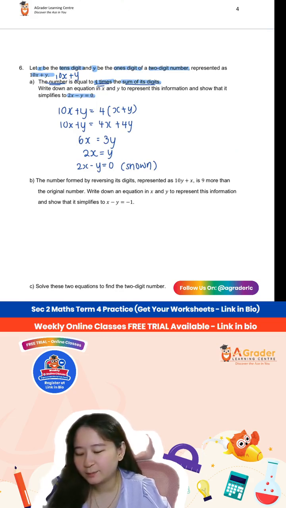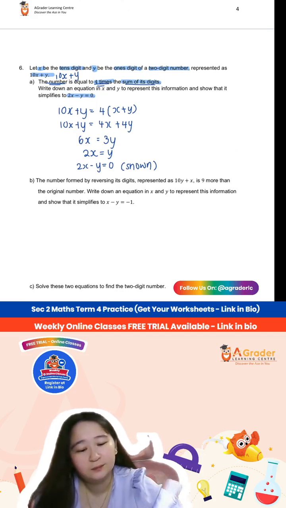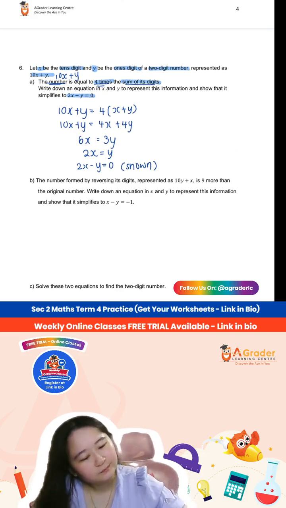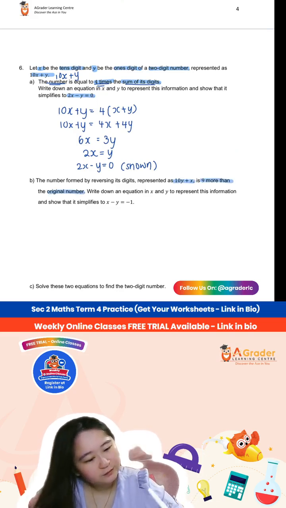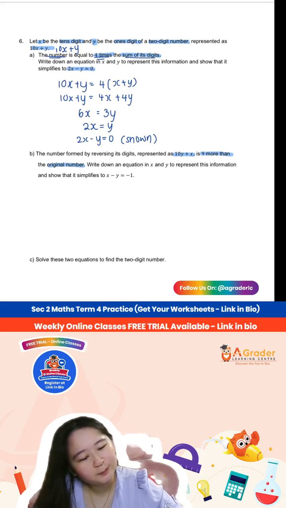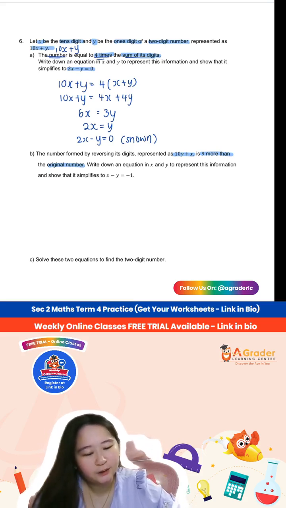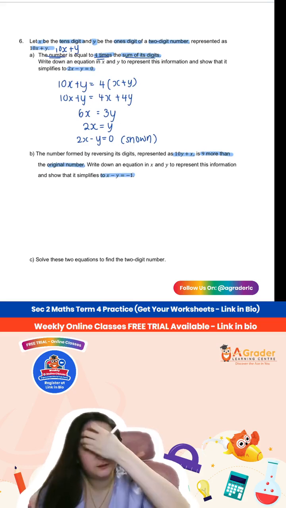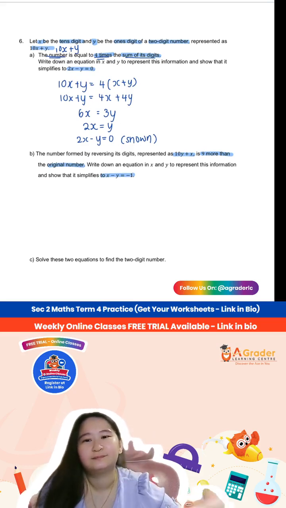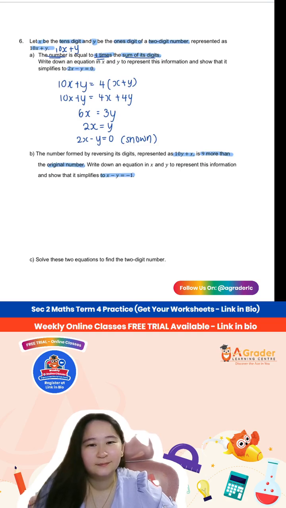Okay, part B, the number formed by reversing its digits, represented as 10y plus x, is 9 more than the original number. Write down an equation in x and y to represent this information and show that it simplifies to x minus y equals to -1. Oh, this is for Sec 2 math.